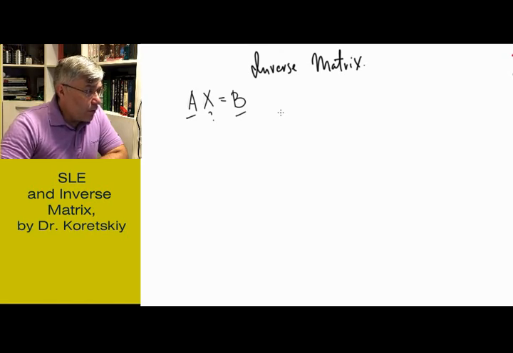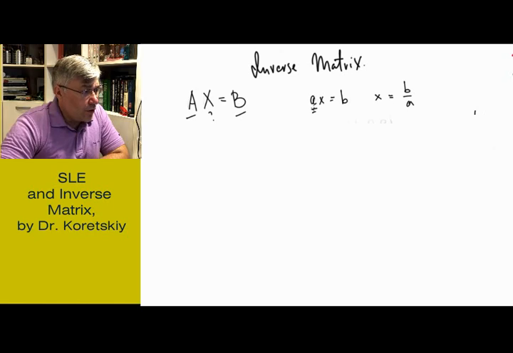If you remember, in an equation ax equals b, where a, x and b are numbers and not matrices, it's very easy to calculate the root by dividing by the factor next to x. So x equals b over a. Here arises a strong temptation to use the same approach, to divide both sides of the system of equations in matrix form by matrix A.